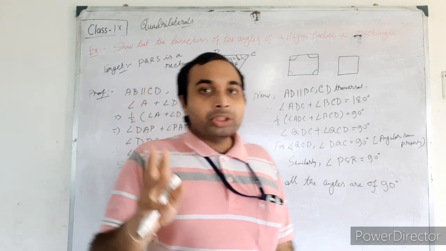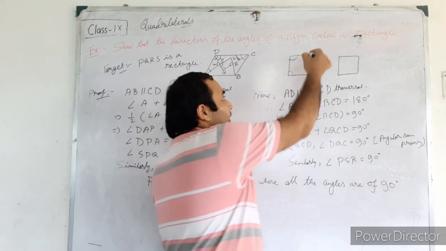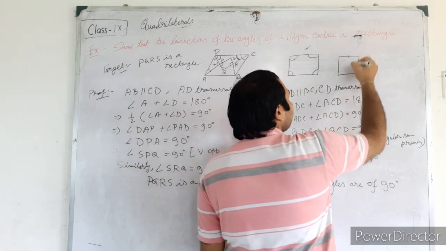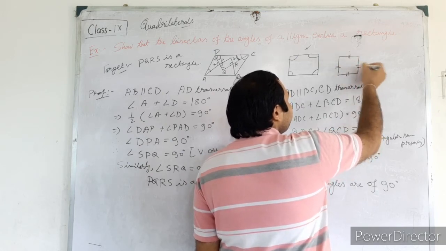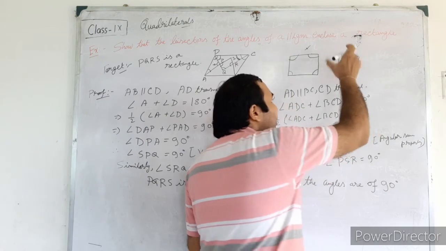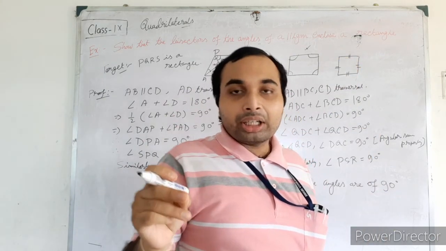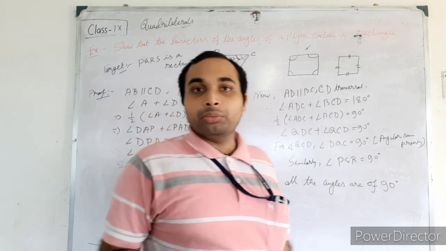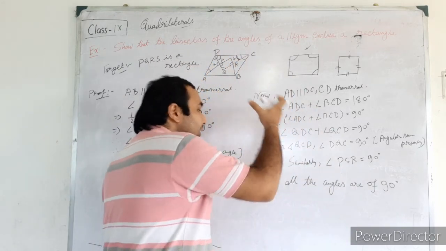Here also this can be followed: those sides are parallel, those sides are parallel, and this equals this equals this. And if all the sides are equal, that is why this is a square. So for a rectangle, if all the sides are the same, then that is a square. So the square is the more specified part and the rectangle is the generalized part.